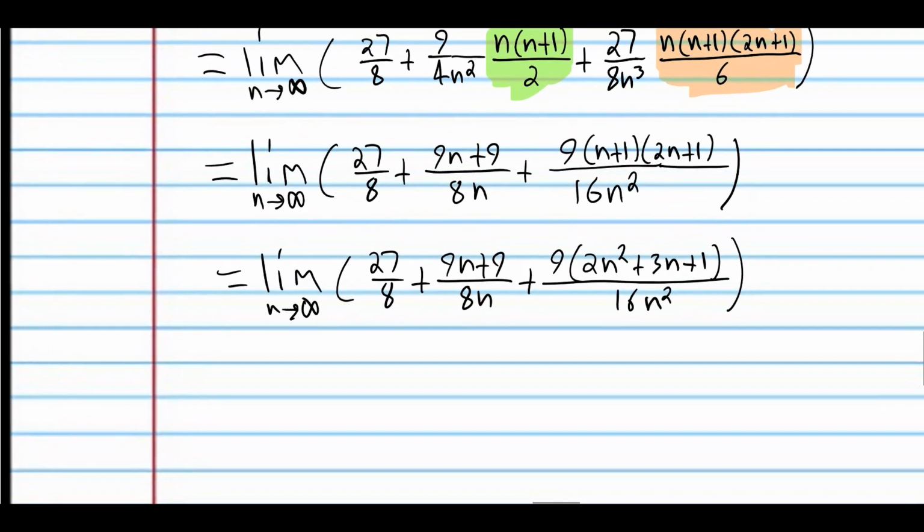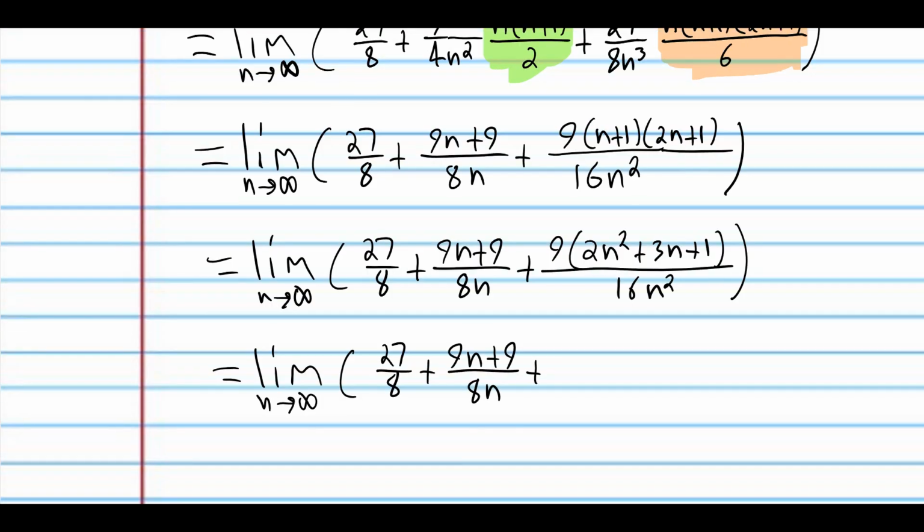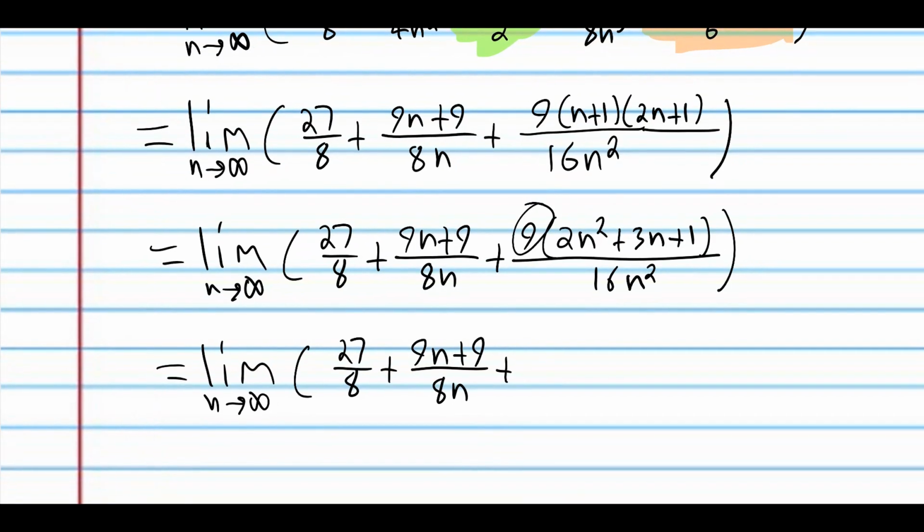And then we can distribute the 9, so we get 18n squared plus 27n plus 9 over 16n squared.